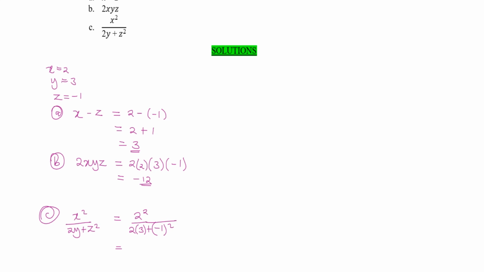So from there, 2 squared, that is 2 times 2, gives us 4, over 2 times 3 is 6, then -1 squared is -1 times -1, which will give us +1.